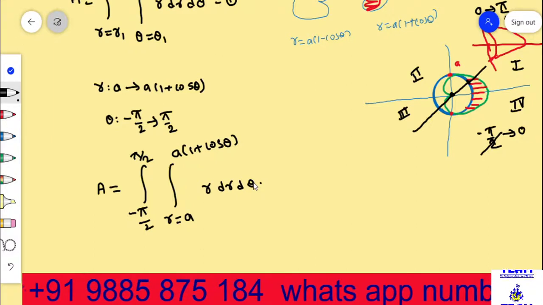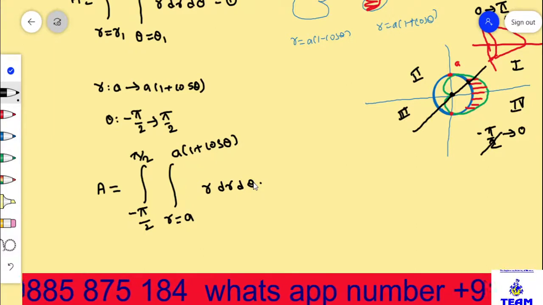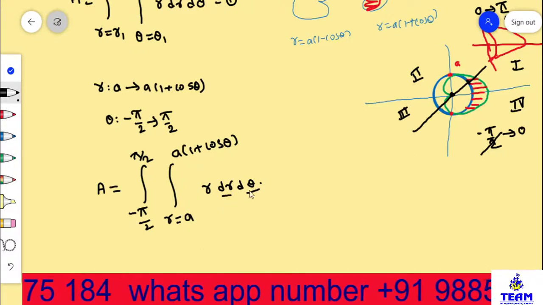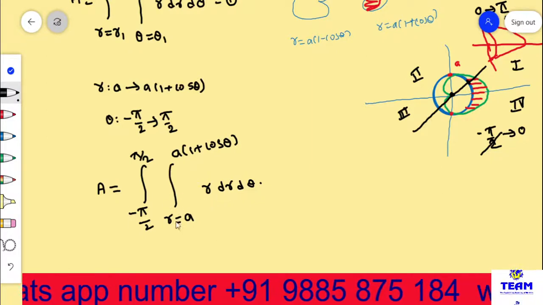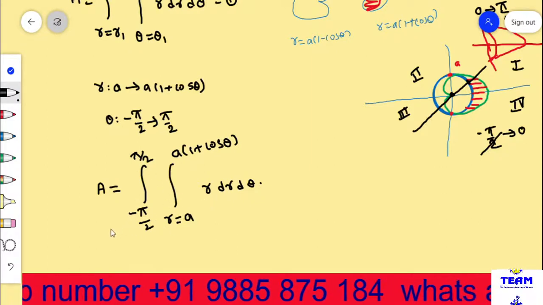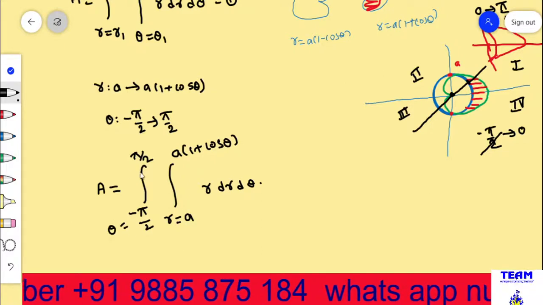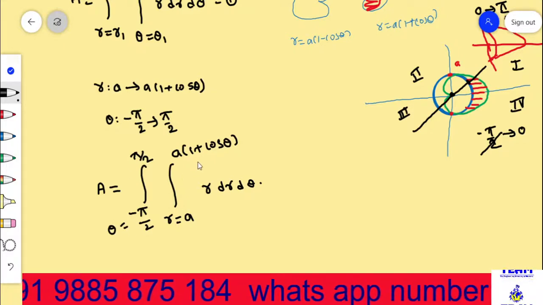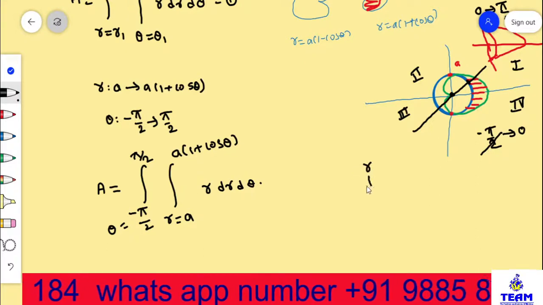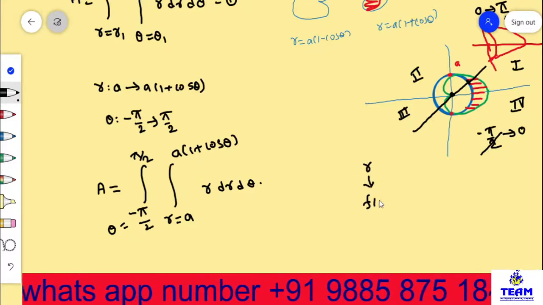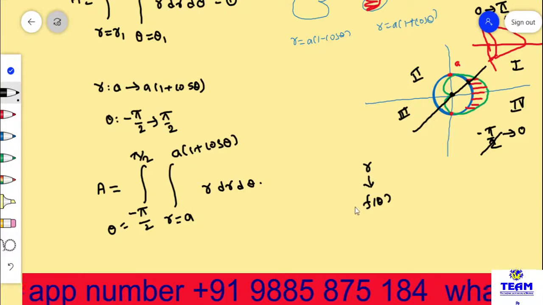Now you have to integrate first with respect to R or theta. That is also a doubt we have. How can you identify? See, friends, first look at the limits. The theta limits are what here? Constant. And R is dependent on theta. R is a function of theta.